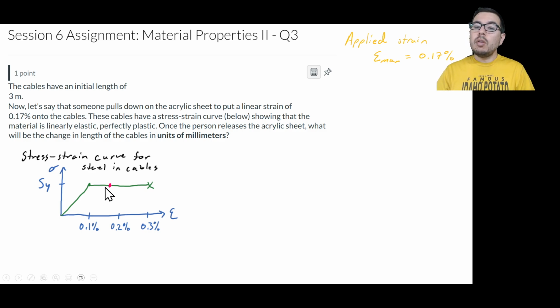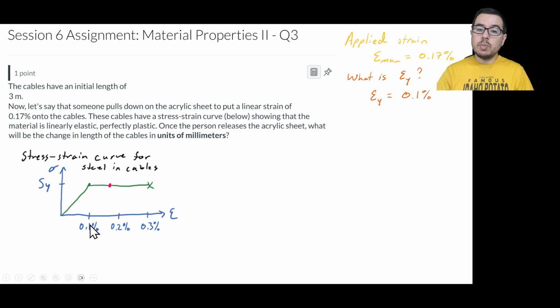But once we let go, if we were here and we were to release the load, we just go back to zero. But since we're in the plastic regime, we know that something else is going to happen instead, because we are beyond what the yield strain is.